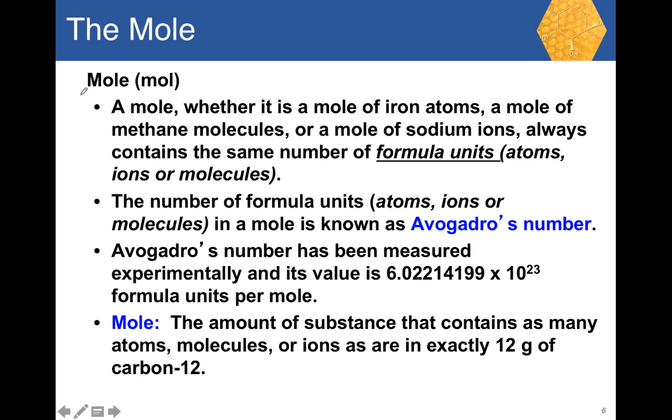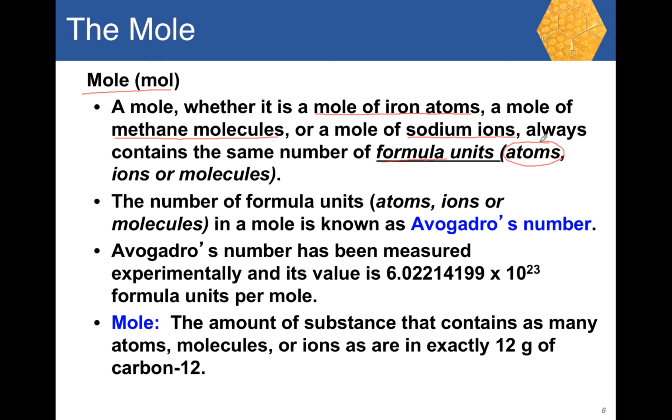The definition of the mole is that if we have 1 mole of iron atoms and 1 mole of methane molecules, which is CH4, or even 1 mole of sodium ions, which is on your periodic table to the left, they contain the same number of formula units. And let us emphasize here, atoms.